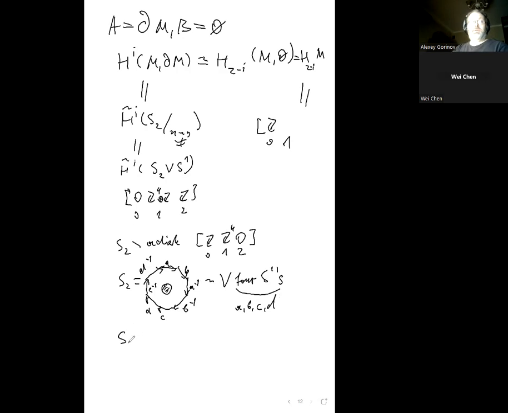Okay, so now let's see what happens if I take S2 and remove 2 disks. Well, I still have Z in degree 0, and then in degree 1 I have what?